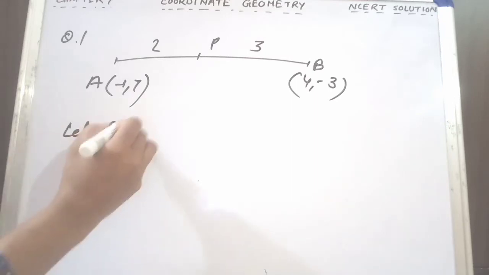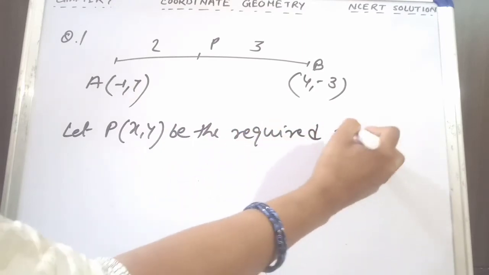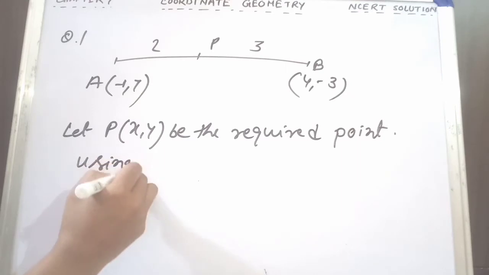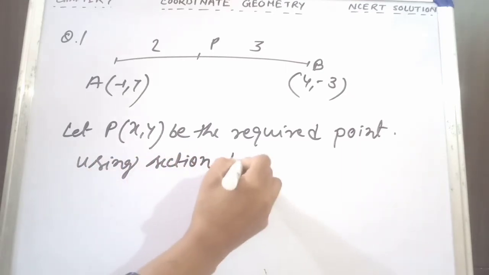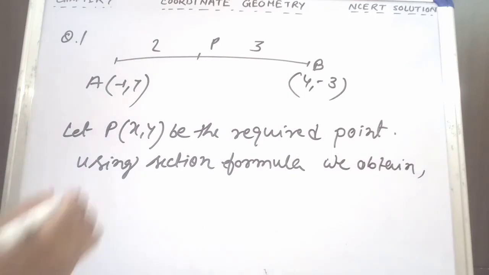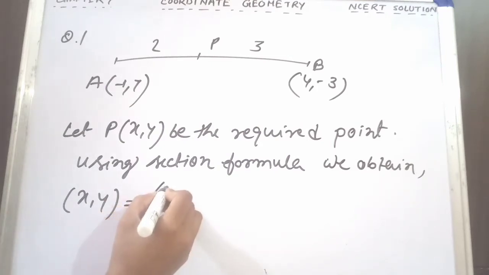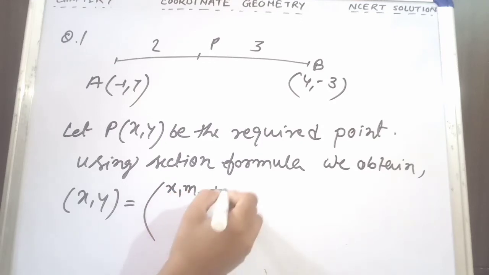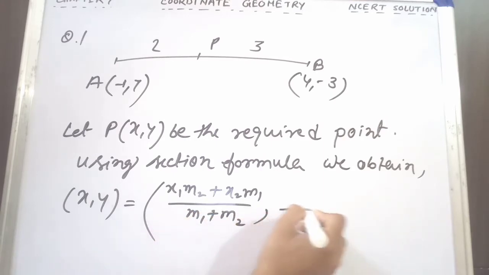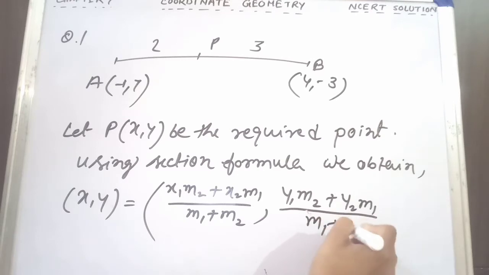Let P(x, y) be the required point. So using the section formula we obtain: (x, y), the coordinate of P, is equal to x coordinate (x1 M2 plus x2 M1) by (M1 plus M2), and y coordinate (y1 M2 plus y2 M1) upon (M1 plus M2).